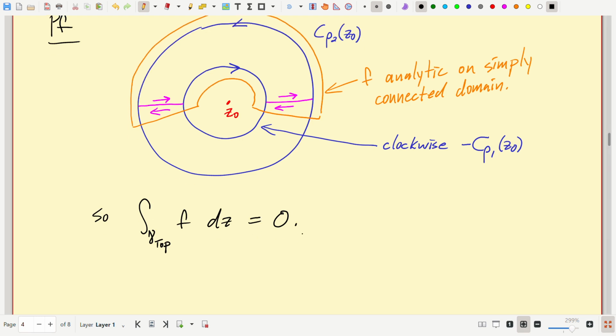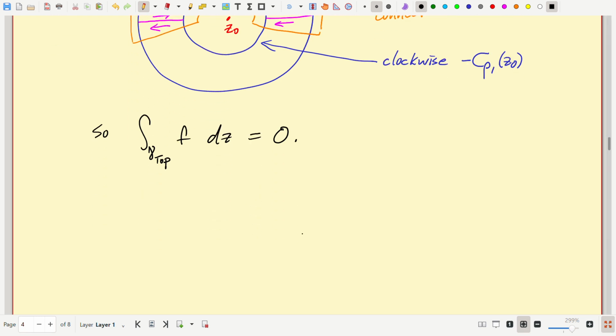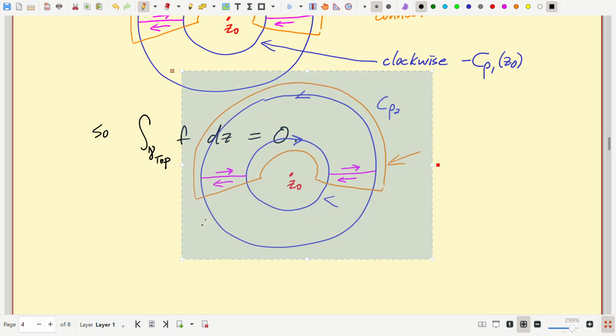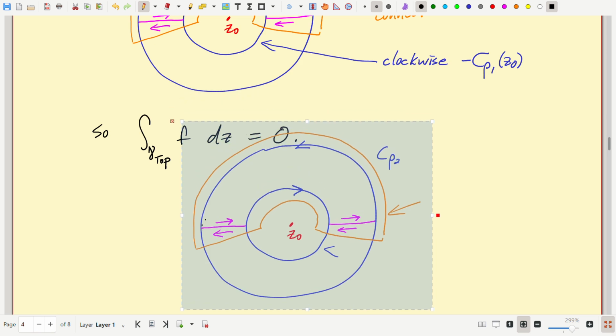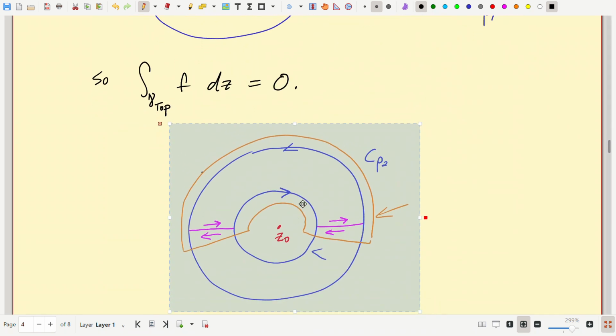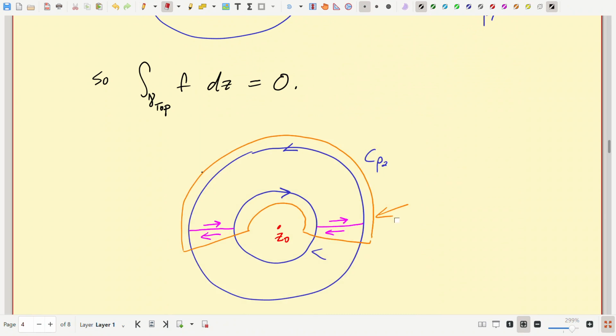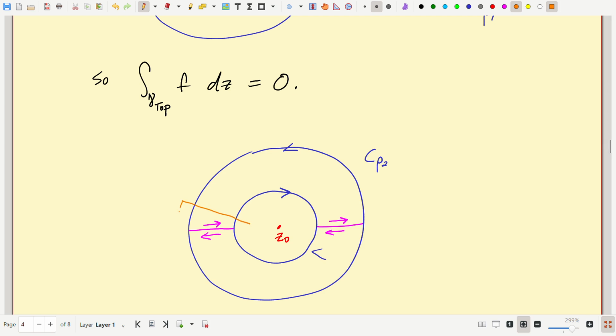And now when I do the same thing for the bottom half, I need to pick a different domain. I shouldn't take this thing, I should take this thing. I'll take my domain to be this one now.